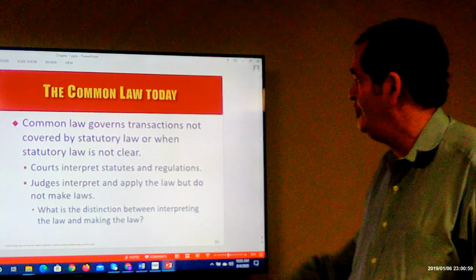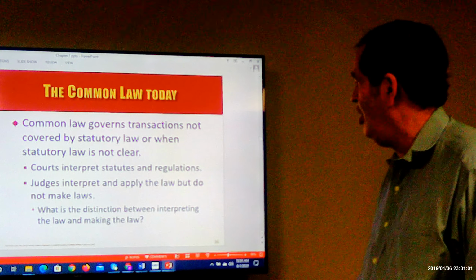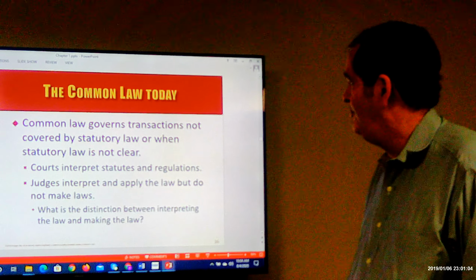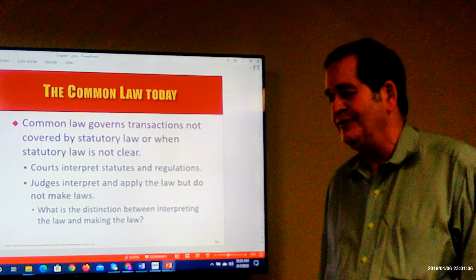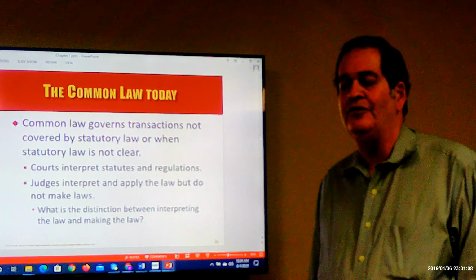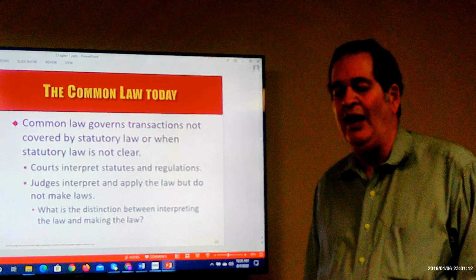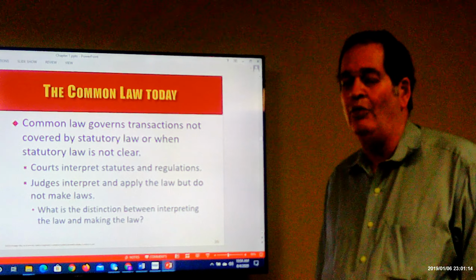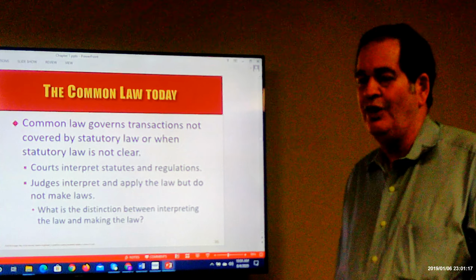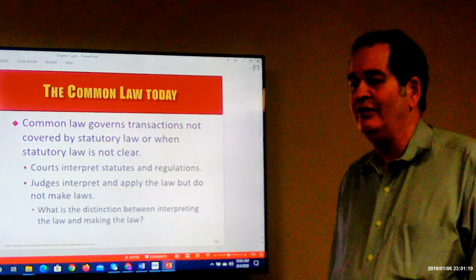Okay? So in those situations, the judges interpret the law and apply the law, but do not necessarily make the laws. Now there are a set of policies that appellate courts apply in trying to determine what was meant by statutory authority. We'll get into that at a later time.